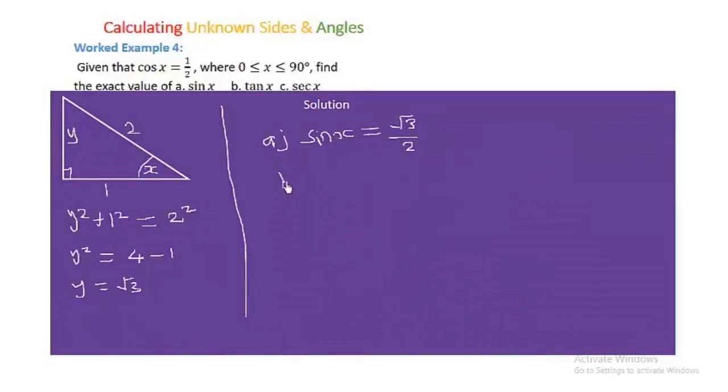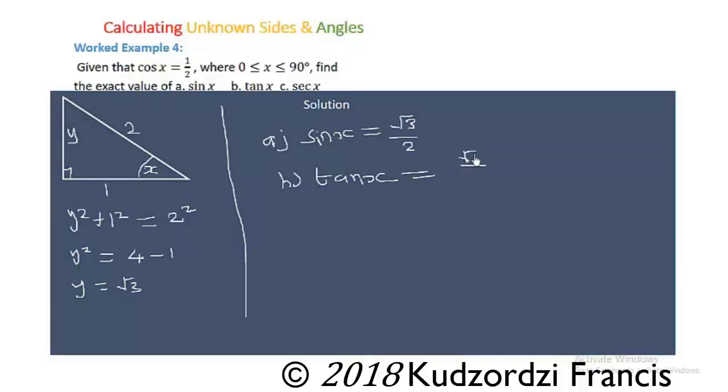Then tan x is given by opposite, which is root 3, over adjacent, which is 1. So tan x is equal to root 3. So the c part, sec x is equal to 1 over cos x.